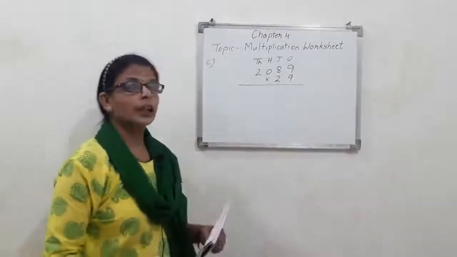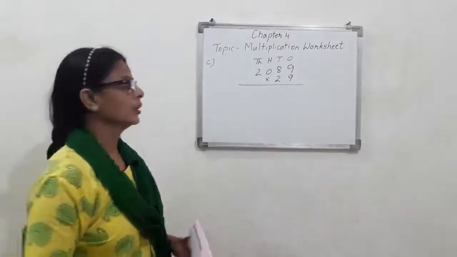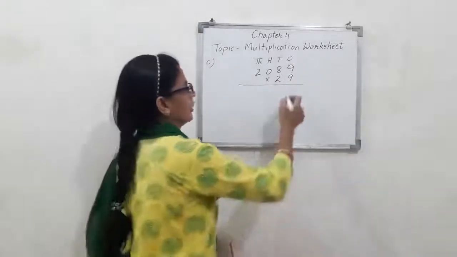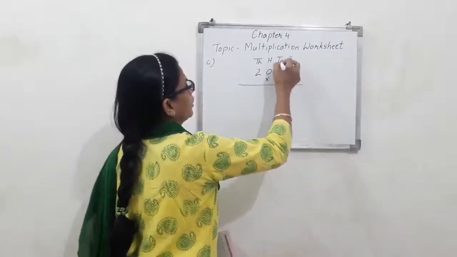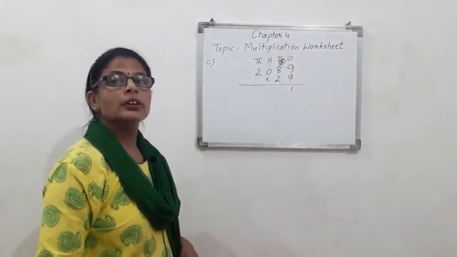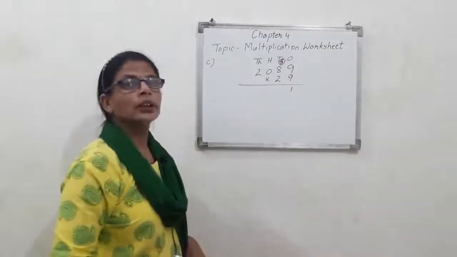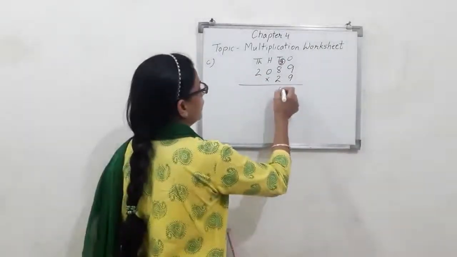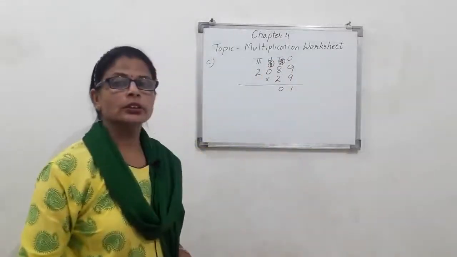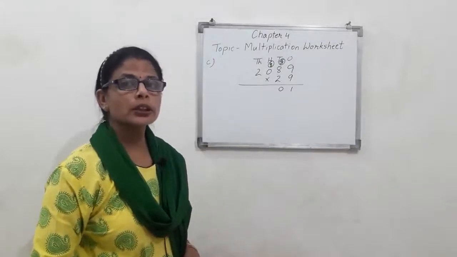We have to always start multiplying from which place? Yes, from ones place. So ones place is 9. 9 multiplied by 9, 81. 8 will be carried on the tens place. 8 9s are 72. 72 plus 8, 80. 0, 8 will be carried on the 100 place. 9 zeros are, if we multiply any number by 0, the product is 0 only.